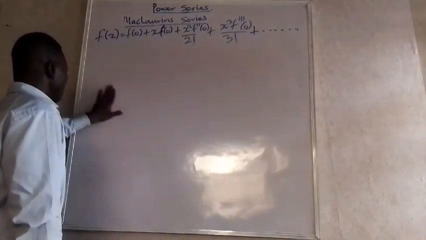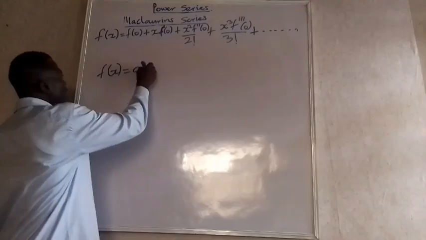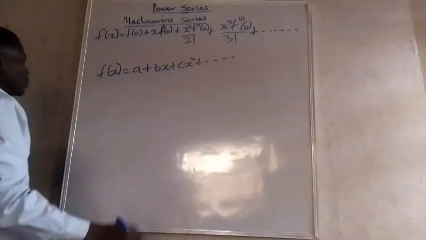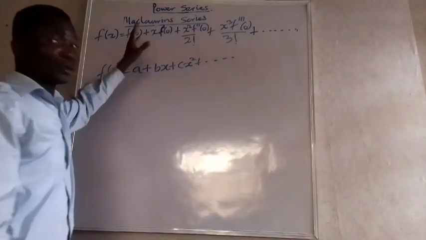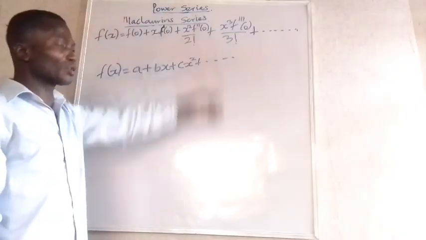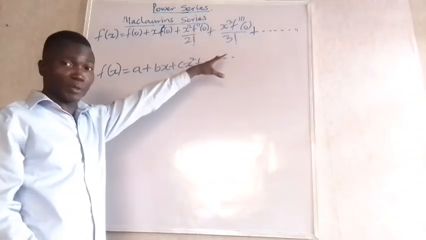Instead of writing f(x) equals a plus bx plus cx squared, we don't need to do that. It has already told us what the coefficients are, so we don't need to work them out one after the other.